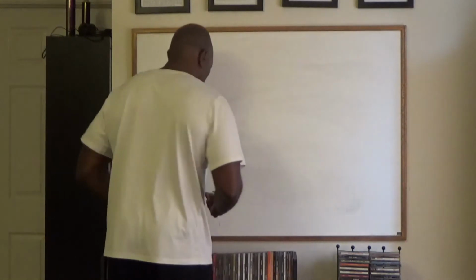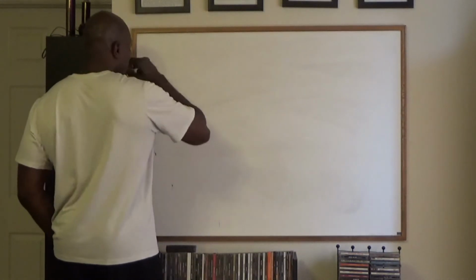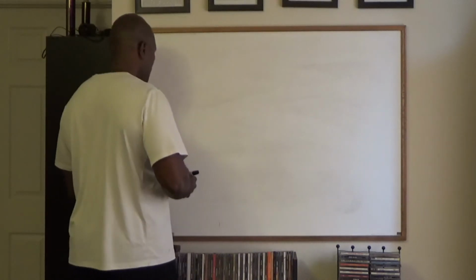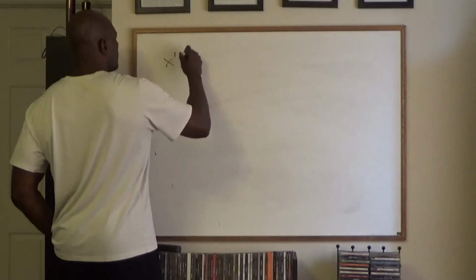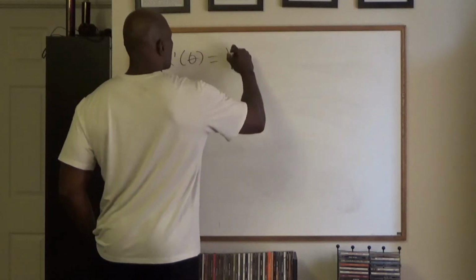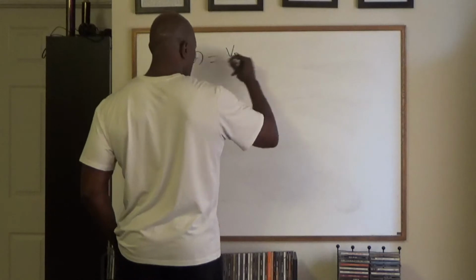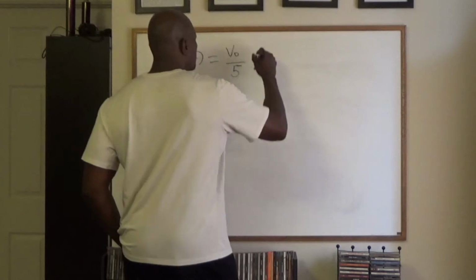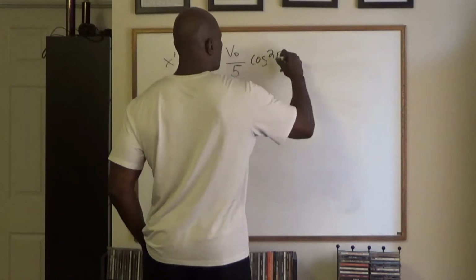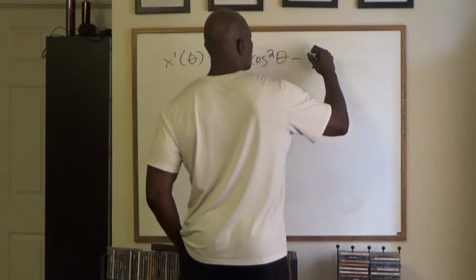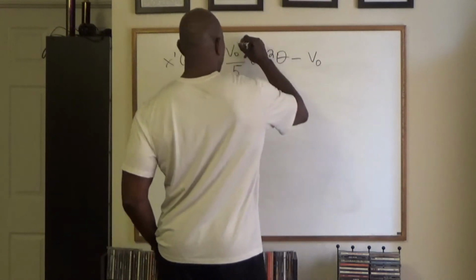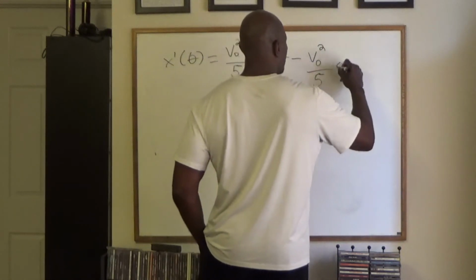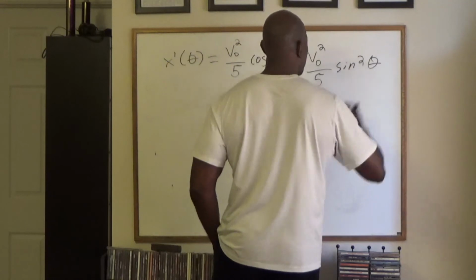All right, so when we did the first derivative, I'm about to do v prime, not sure why I'm thinking about velocity. The first derivative was v naught over 5 cosine squared theta minus v naught squared over 5 sine squared theta.